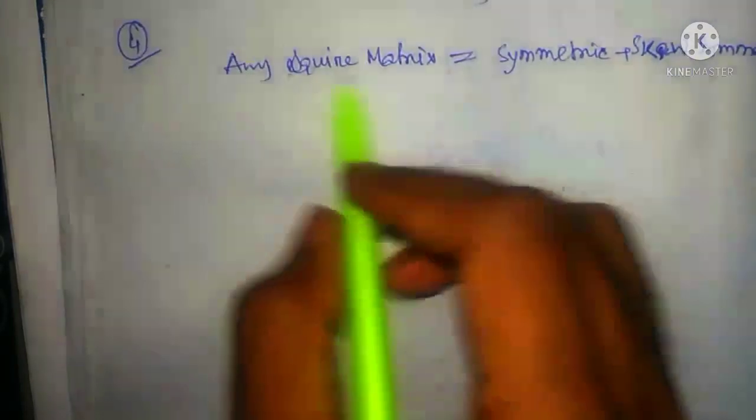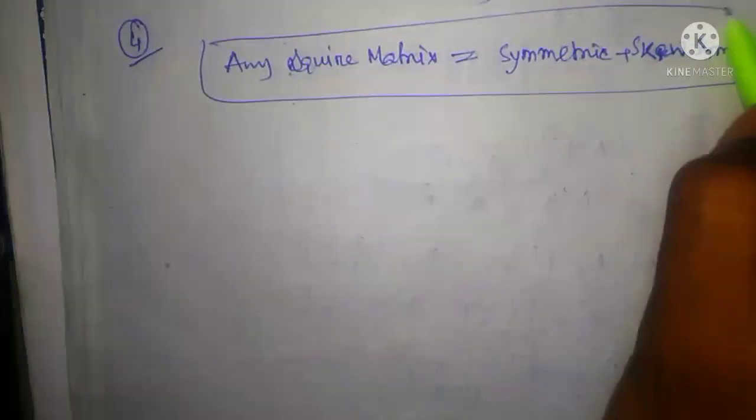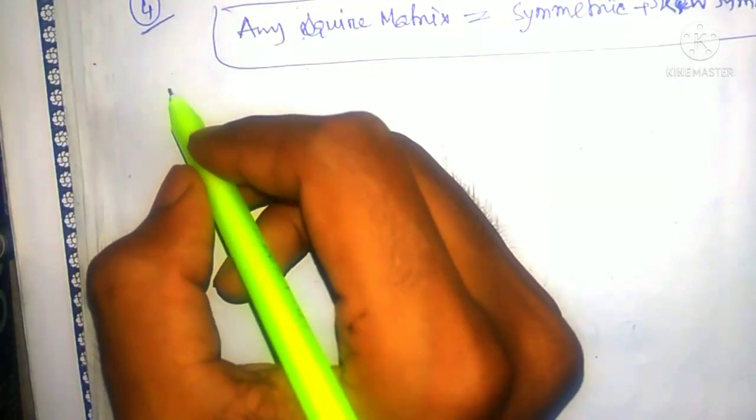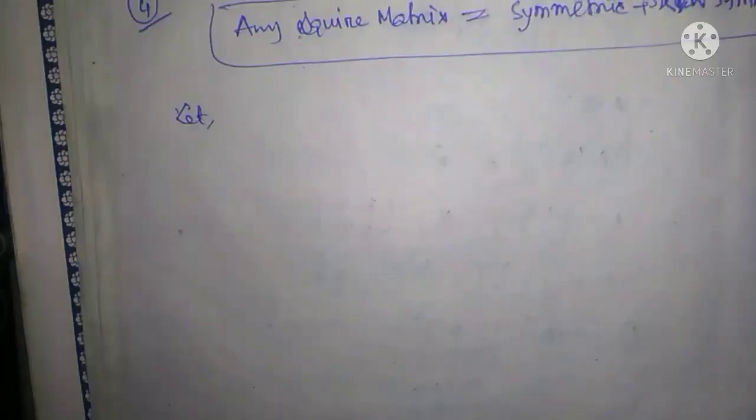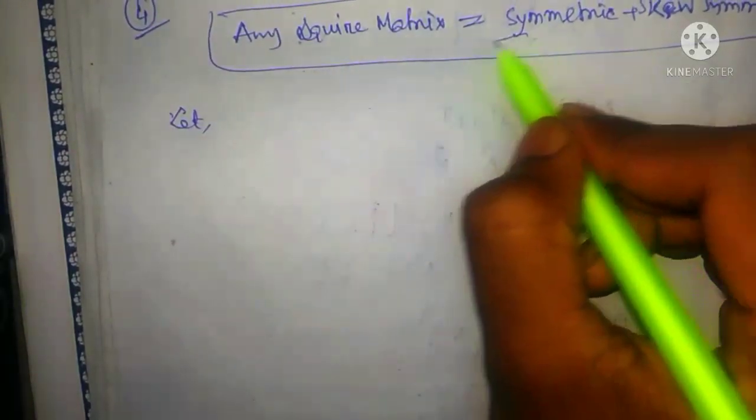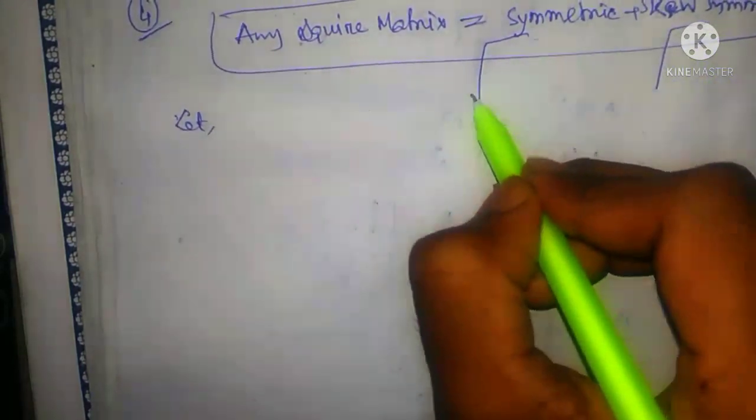Okay, so I will try that proof and then I will take an example of this theorem. You should know what a symmetric matrix and a skew symmetric matrix are.